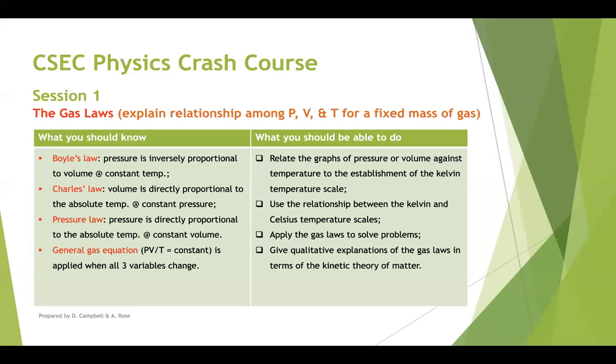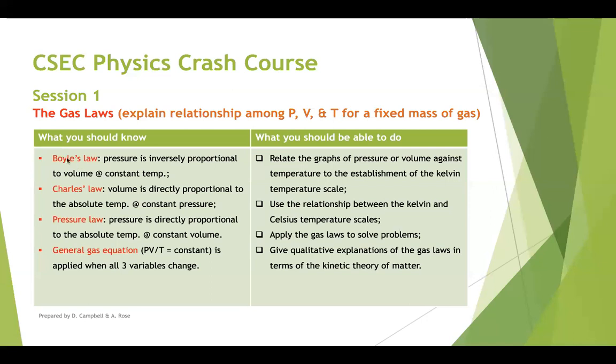We touched on that a little earlier, where we did some conversion between temperatures in Celsius and Kelvin. You should also be able to apply the gas laws to solve problems. Each of the laws is stated below or on the slide to the left. For each of the laws, basically, one of the variables other than the mass is kept constant.